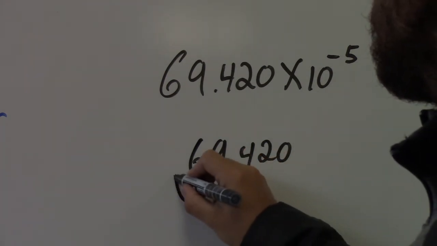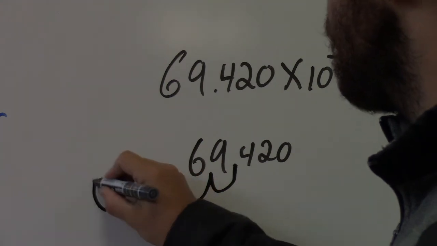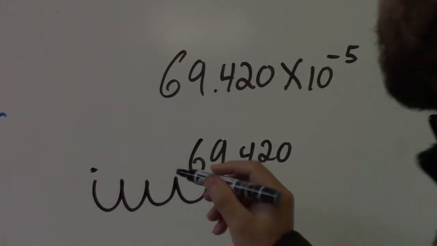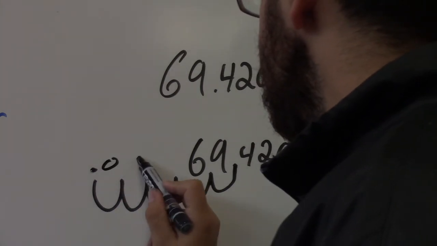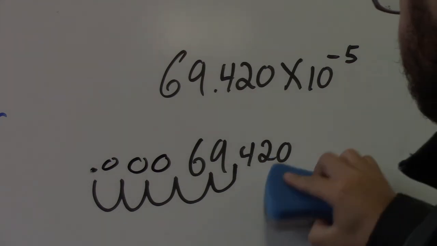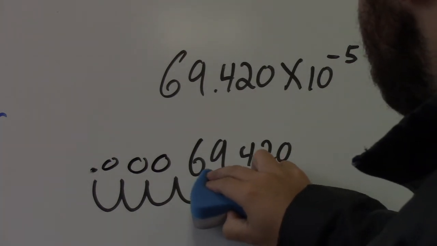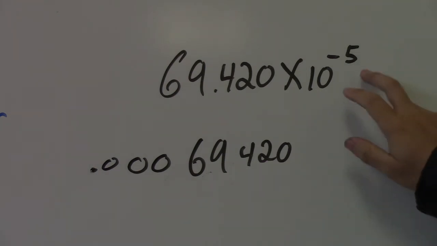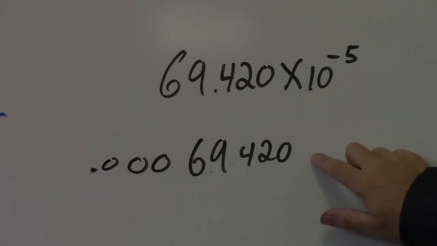So 1, 2, 3, 4, 5. Our decimal's gonna be right there, and you're gonna fill in the blanks with zeros. So 0 there, and a 0 there. After that, this is gonna be our new number. So this is from scientific notation to standard notation.